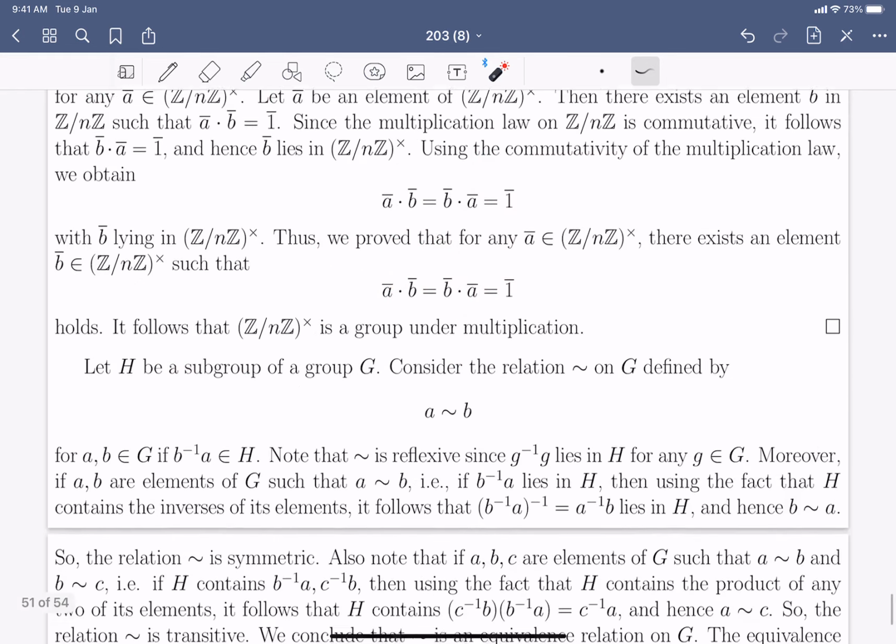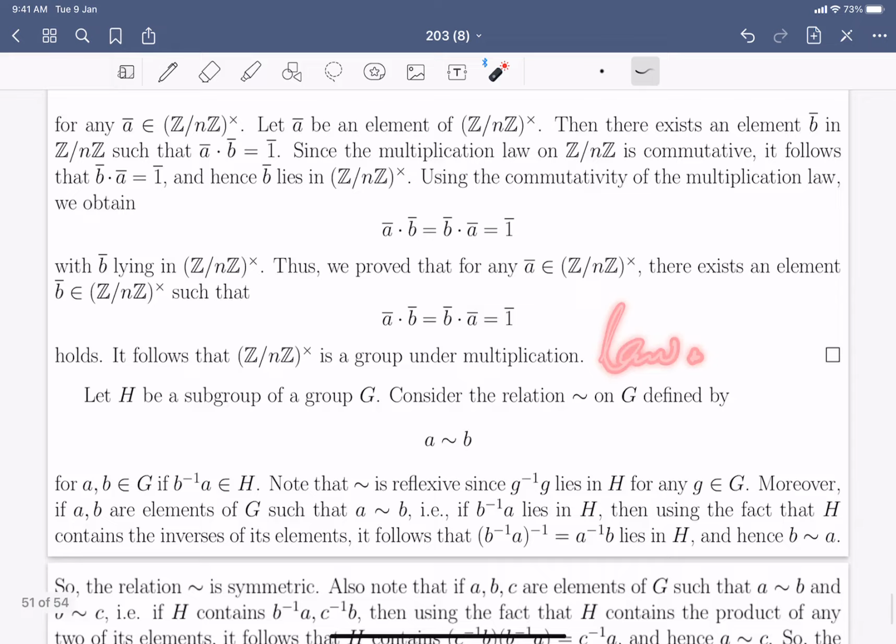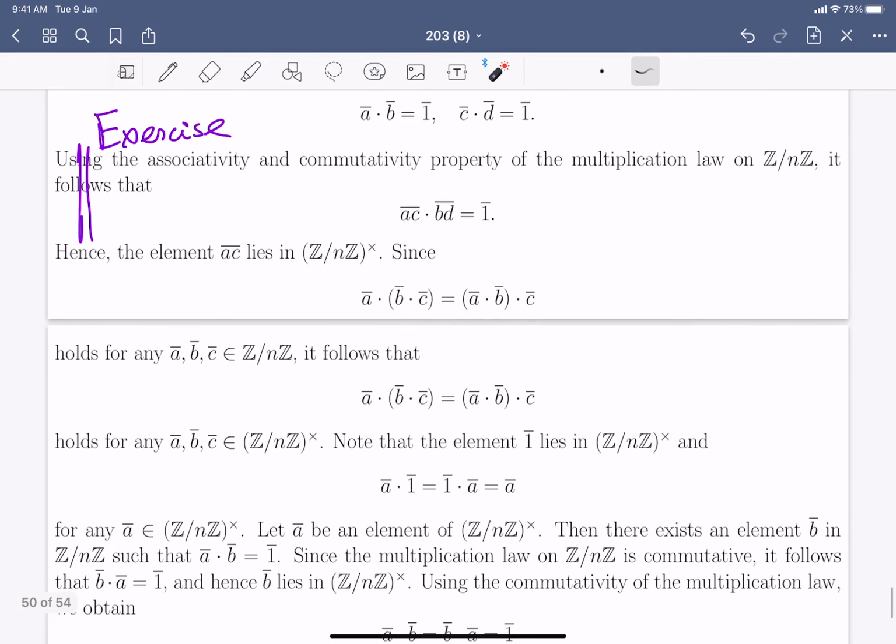So you are done. We have established that Z mod n Z cross forms a group under the multiplication that we have defined. We usually say that under multiplication. Anyway, great. So this is something important to keep in mind.